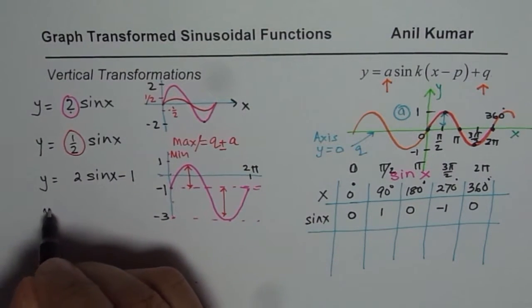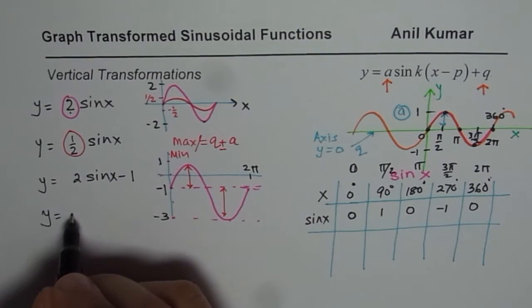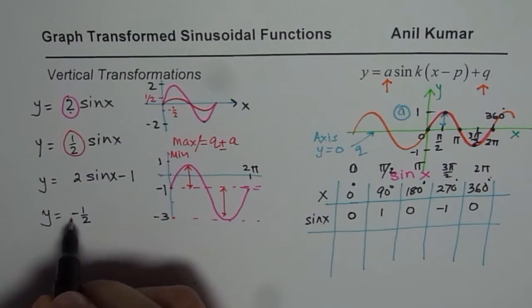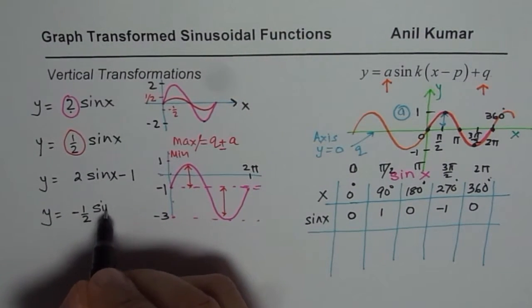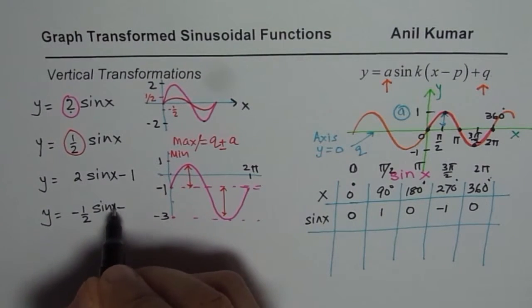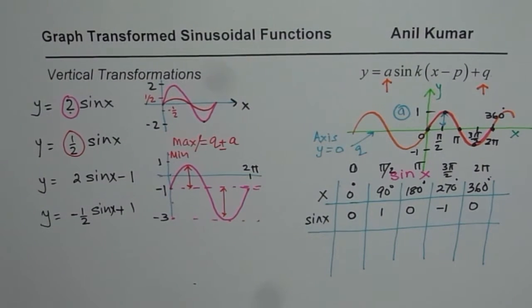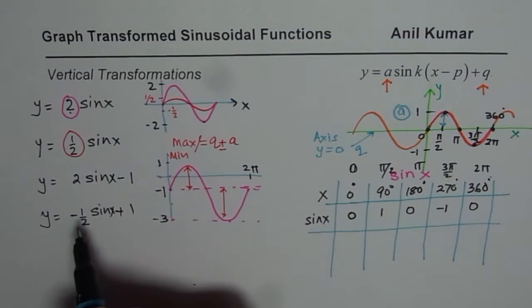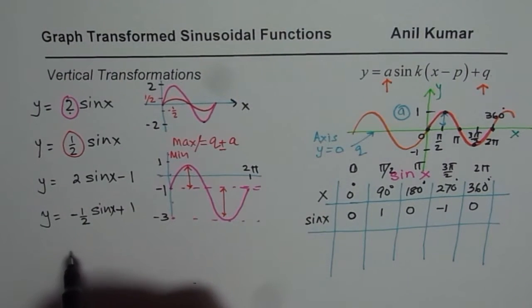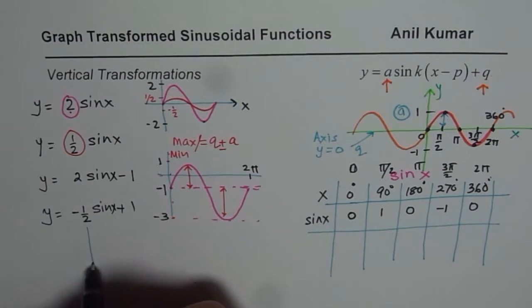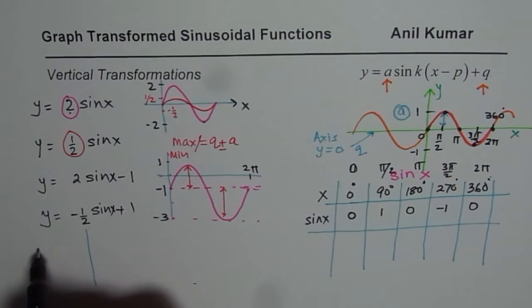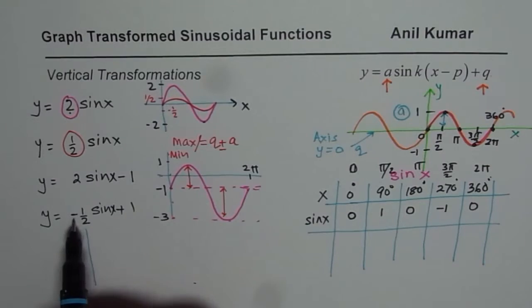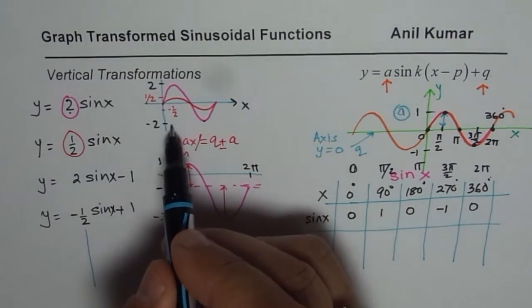For example, I could have a equals minus half, so minus half sine x, and let me write this time sine x plus 1 as our example. So what really happens in this particular case? Let me sketch here itself. Since it is minus, the wave gets reflected downwards.